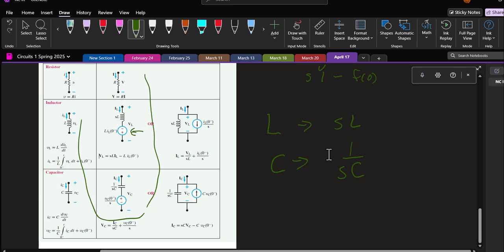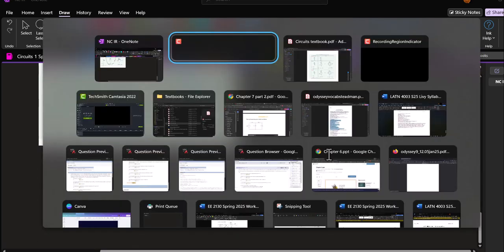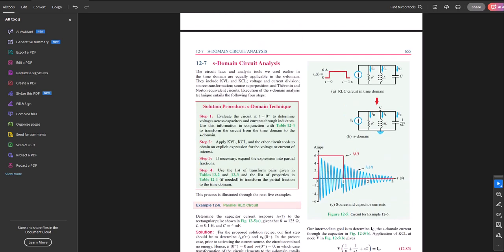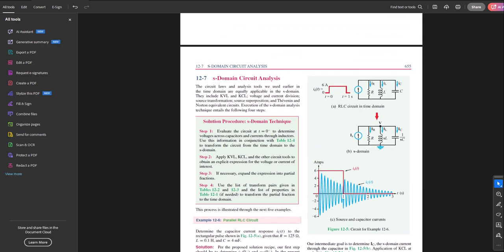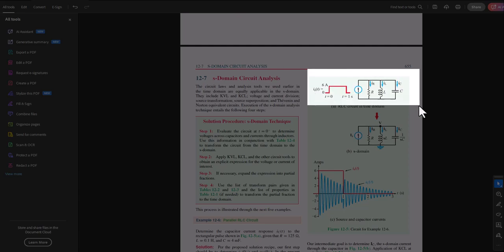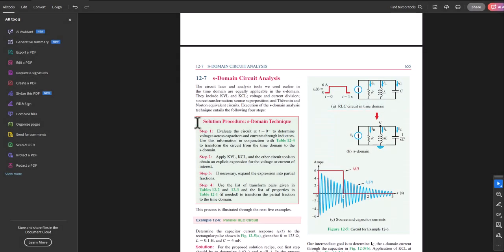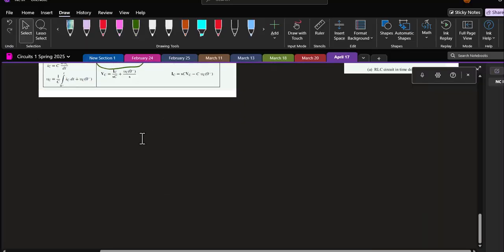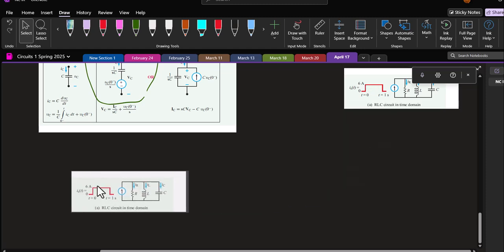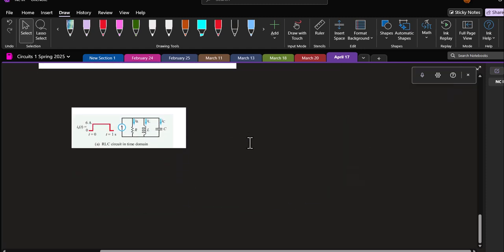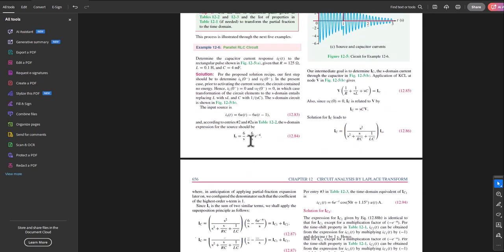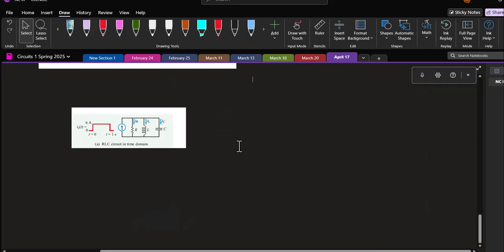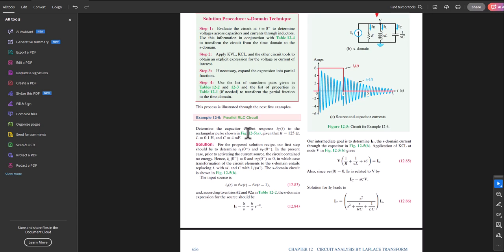So if I had a circuit that looked like this, and I wanted to find something out about it, like determine the capacitor response iC of t in this circuit. Okay. Do I have numbers? Yes.